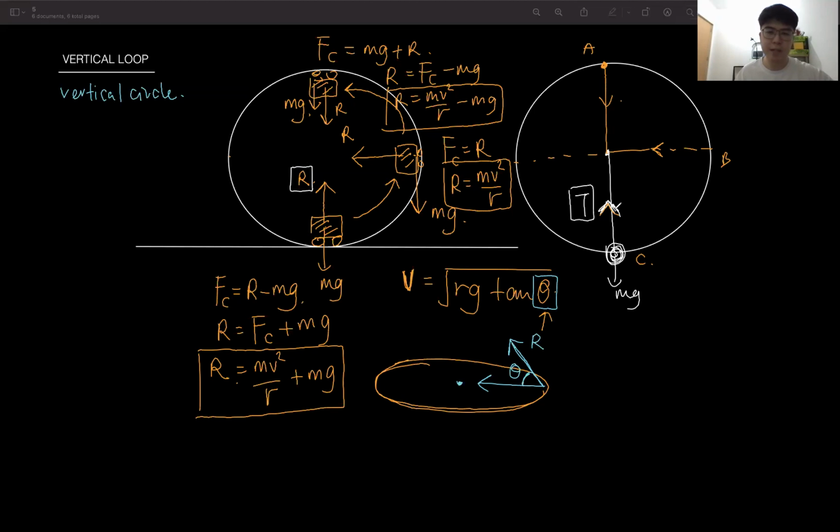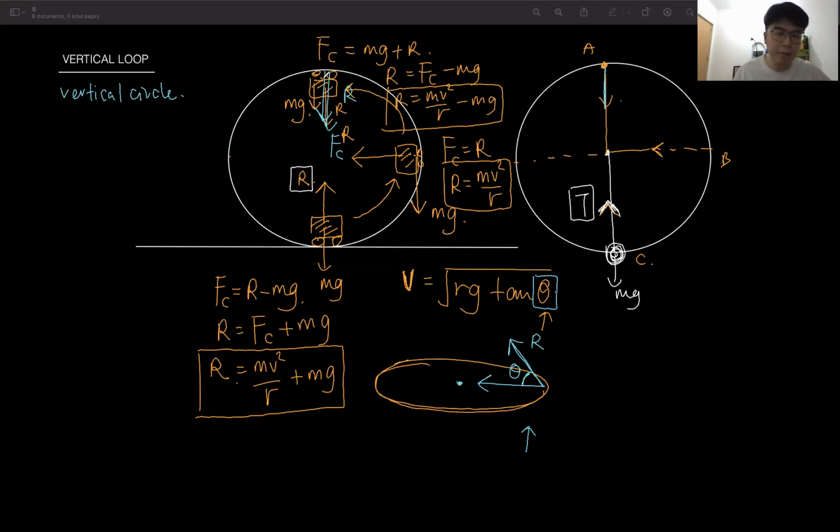If you have a vertical loop, up here, what is that angle? For the reaction force, it is parallel to the centripetal force. They are on the same plane. This is different. They are not on the same plane. The centripetal force is on the other plane, and it is the angle that they make.